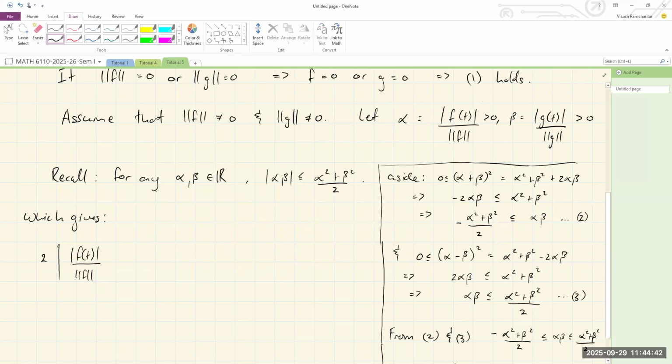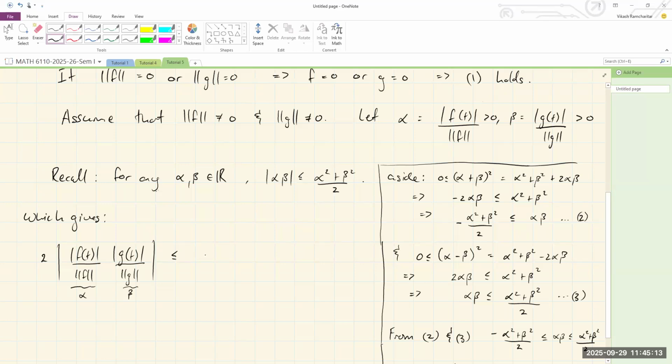Now remember, each of these terms are positive. So this modulus on the outside, you don't really need it. So this is alpha, and beta, which is g of t, all over norm g, right? This is beta.